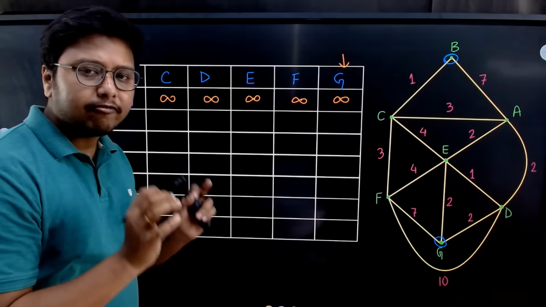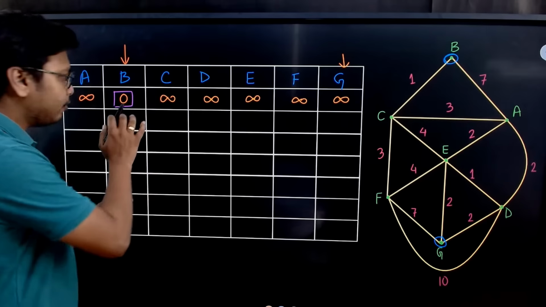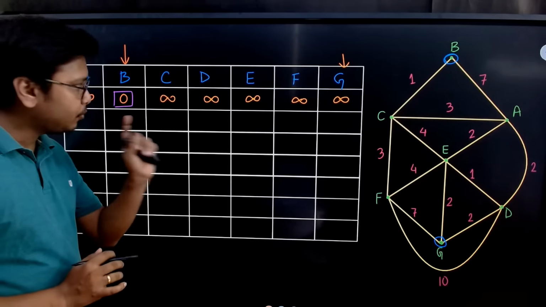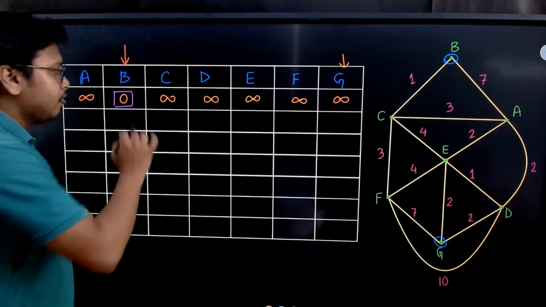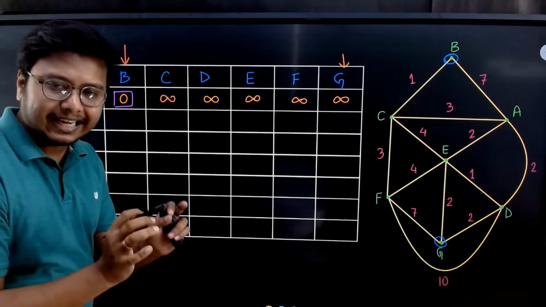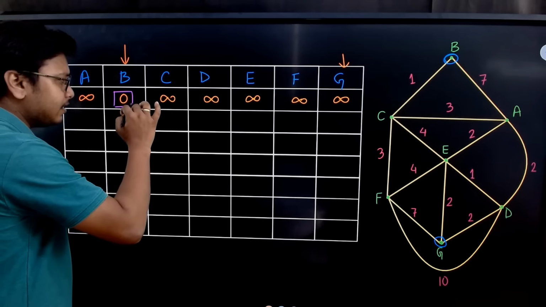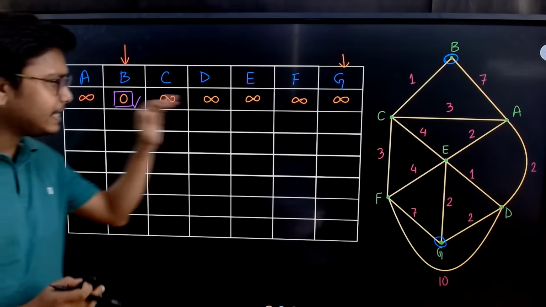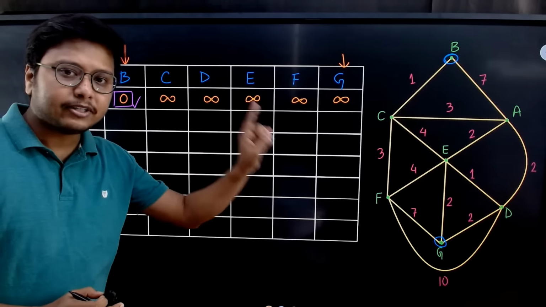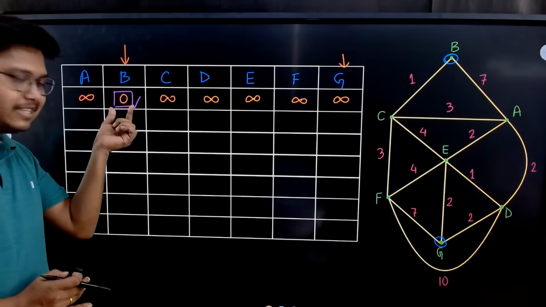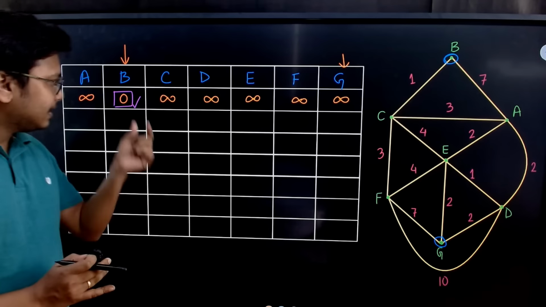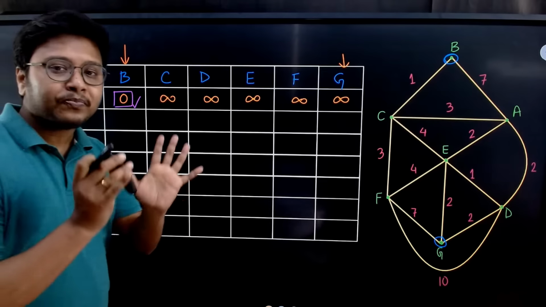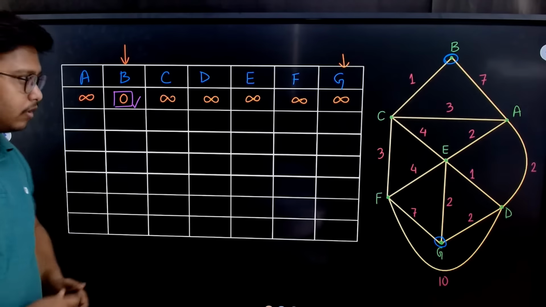And remember, whenever we put a box around a value for the very first time, we are going to somehow demarcate it. Let's say I'll just put a tick beside it so that later on I can recognize that in this particular row the element that was labeled was this 0 and not the other one. Okay, so this tick is just to recognize it later on.